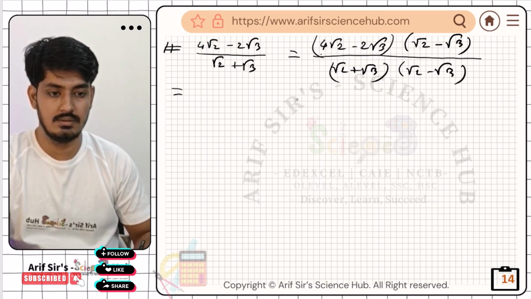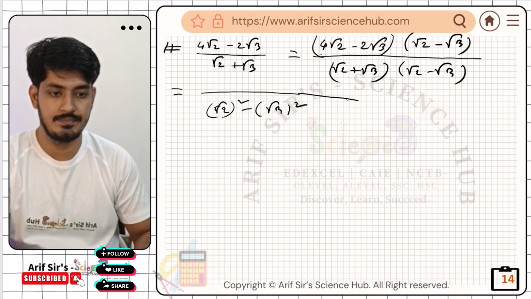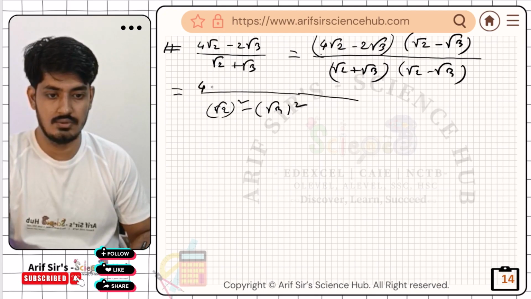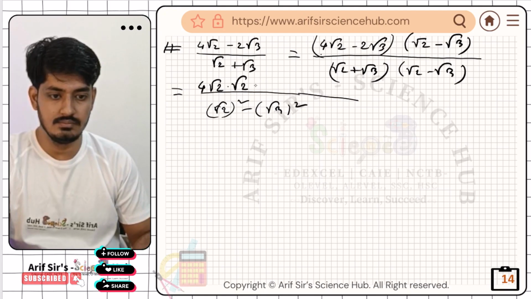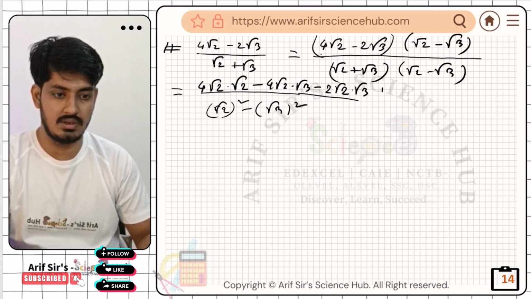We can just apply the formula for this is a plus b into a minus b, that is a square minus b square, and here we can write 4 root 2 into root 2, then this plus and minus should be minus 4 root 2 into root 3, then this minus and this plus should be minus 2 root 2 into root 3, this minus minus should be plus 2 root 3 into root 3.